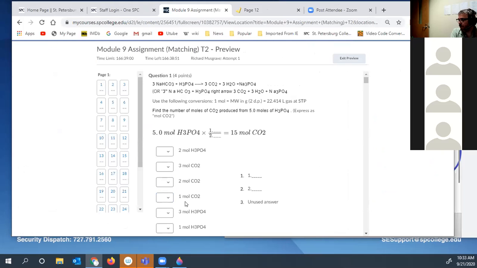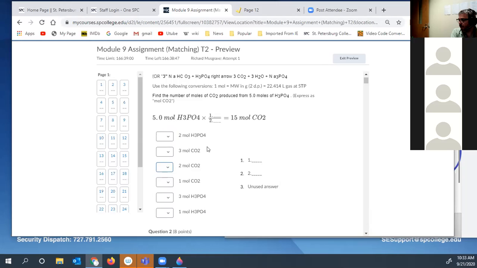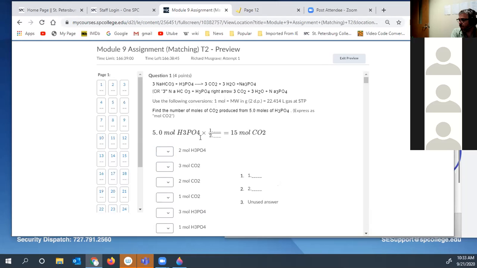So let's say we're looking at number one here. This one, we're going from 5.0 moles of H3PO4 to 15 moles of CO2. You're given the reaction in the top here. Note that you also have the conversion in the problem as well, so you don't have to memorize any of that. So let's say we wanted to go from moles of H3PO4 to moles of CO2.